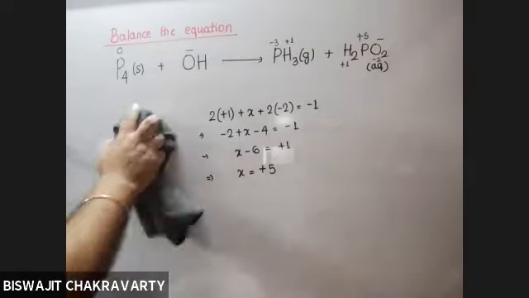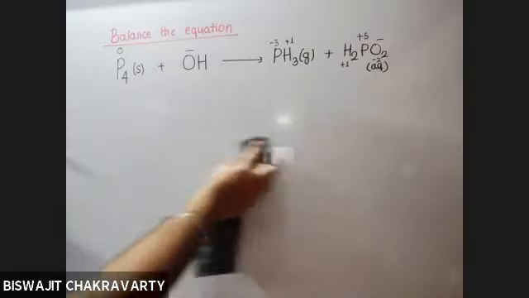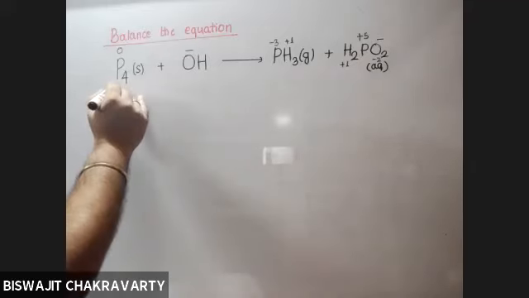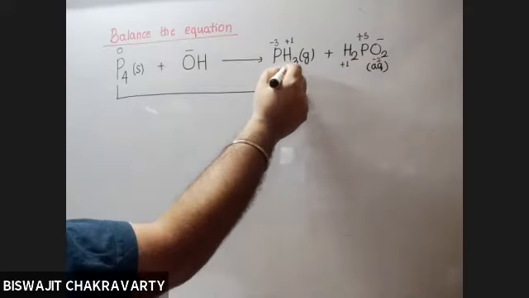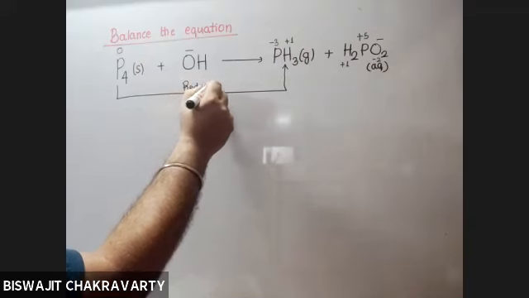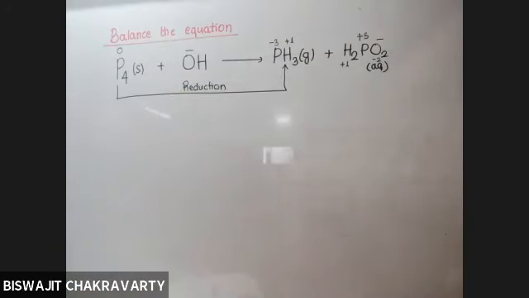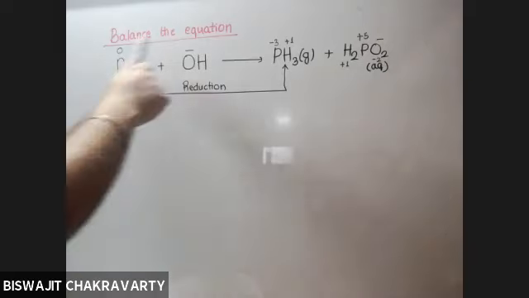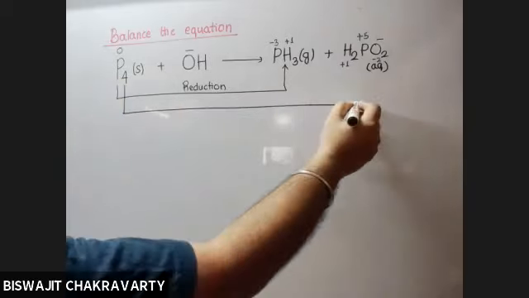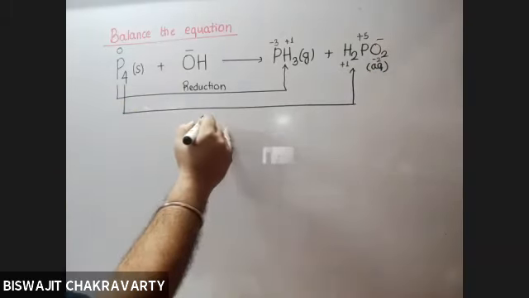Now, it is a disproportionation reaction that we discussed last class, where the same substance undergoes oxidation as well as reduction. So P4 is changing from 0 to -3. There is a decrease in the oxidation number, so it will be reduction. And again, 0 is changing to +1 as well, so it is oxidation.